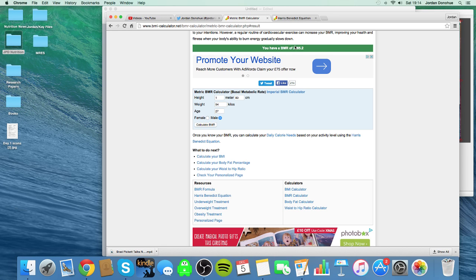So my BMR is 2085 calories. This is basal metabolic rate, which is not indicative of your daily energy expenditure or energy requirements, because it hasn't taken into account any activity or anything like that.